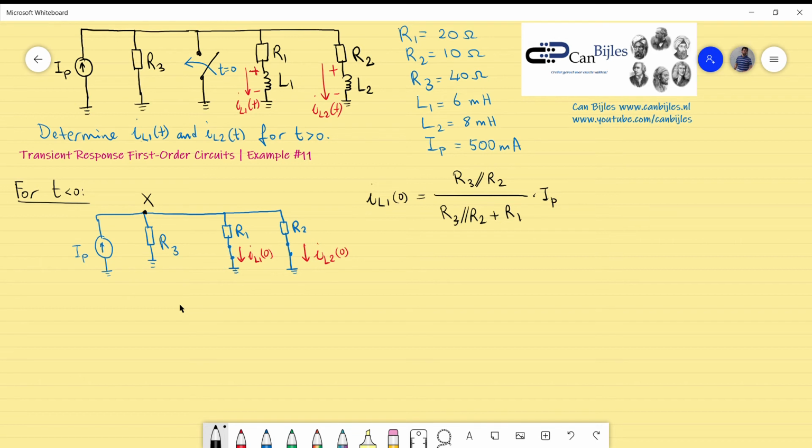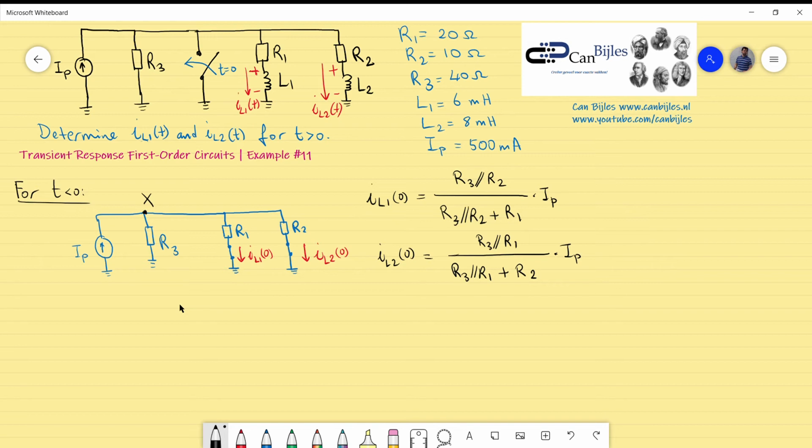And for IL2, the initial value is the same story, but using R3 in parallel with R1 divided by R3 in parallel with R1 plus R2, times IP. Alright, so these are the formulas.